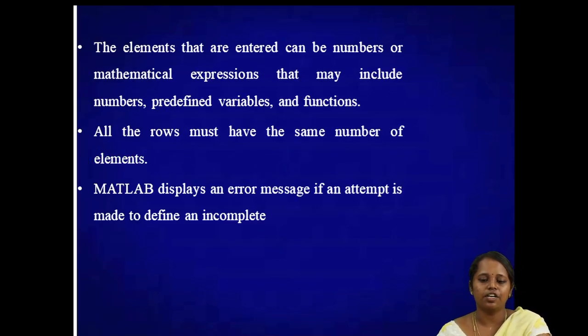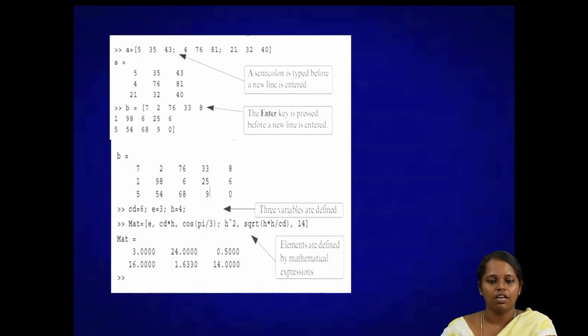The elements entered can be numbers, mathematical expressions, or predefined variables and functions. All rows must have the same number of elements. MATLAB displays an error message if an attempt is made to define an incomplete matrix.